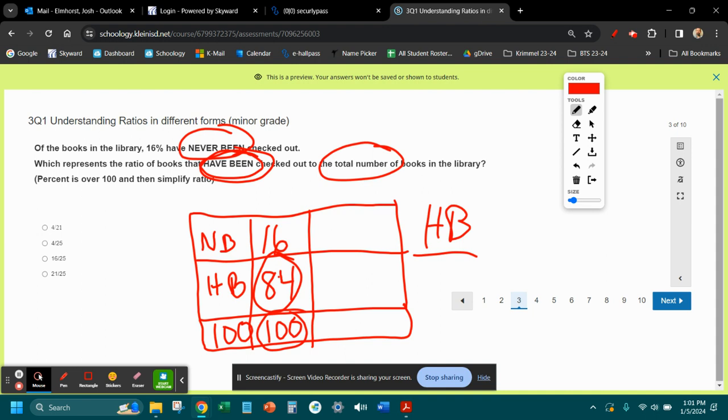What can we divide 84 by that also works with 100? 24 might work. I know 4 works. 24 does not work with 100, so we're going to divide by 4, and we've been working on that since the beginning of the year. 100 divided by 4 is 25. And 84 divided by 4 is 21.